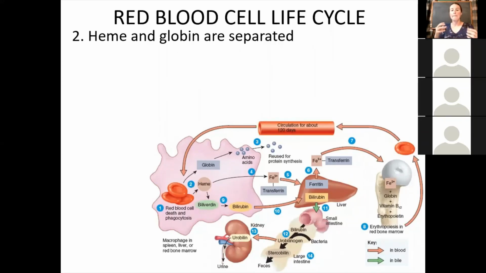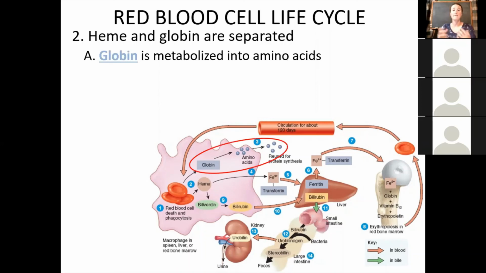Once the macrophage has the red blood cells, the cells start to break down within it. Ultimately, hemoglobin is broken apart. Now, it is pretty expensive to make hemoglobin, and so we try to recycle as much as physically possible. First of all, we can recycle the globin.